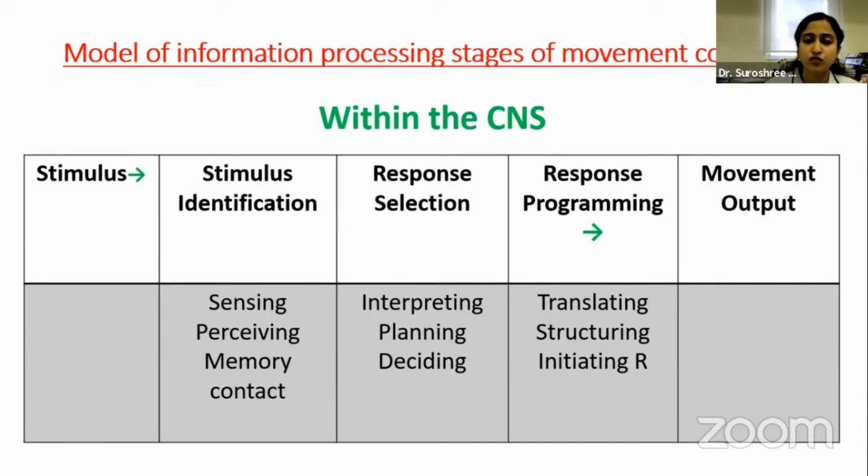So the steps were, first, your stimulus, that is, I want to drink. Then stimulus identification: looking at the glass of water, perceiving how it is half filled or fully filled, and deciding what amount of force and range you need. And when it was initiated, it led to a proper movement output.